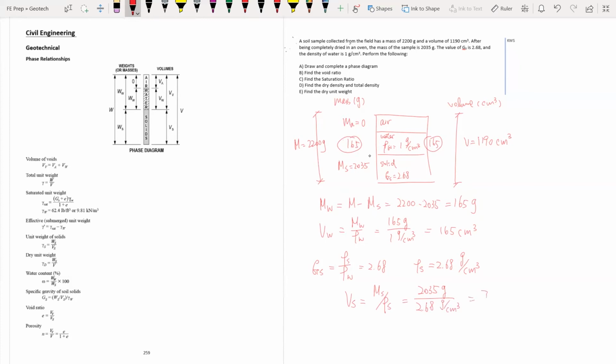So we will find the volume of the solid to be 759 centimeter cubed.